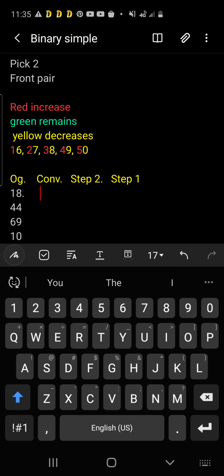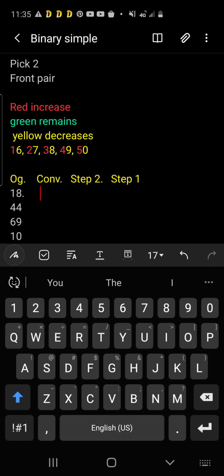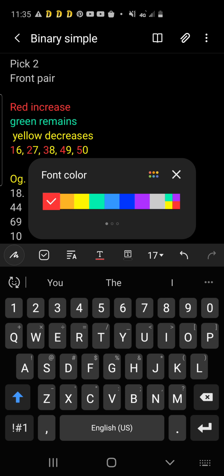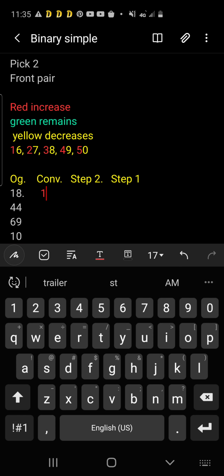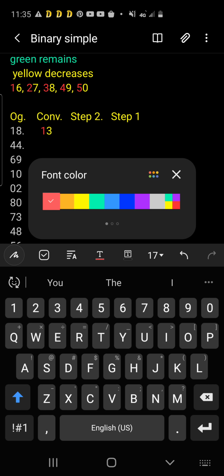So the 1 is going to be a red 1, and the 8 is going to be a yellow 3. Follow? The 4 is going to be a red 4 twice.